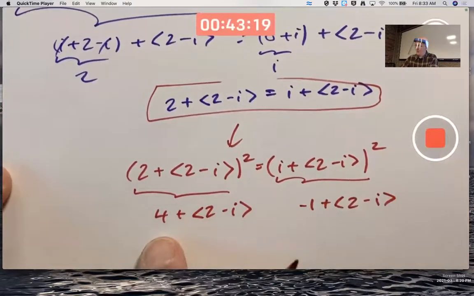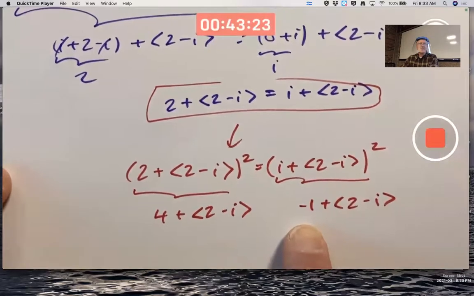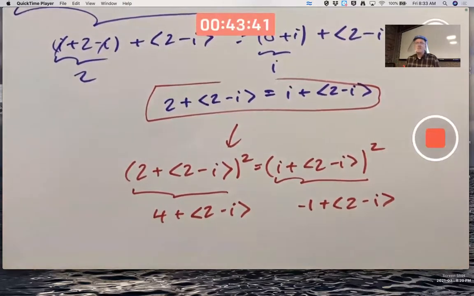So that's why 4 equals -1. More precisely, this left coset equals that left coset. 4 and -1 are 2 representatives of the same coset. Hanging with me here? It's a lot to take in.